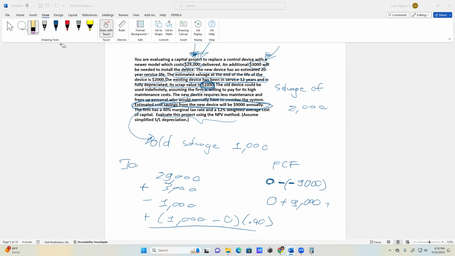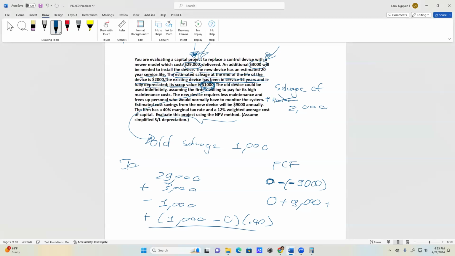So where we left off before is this part right here. The part that I talk about is that it doesn't say anything about an increase in revenue, right?